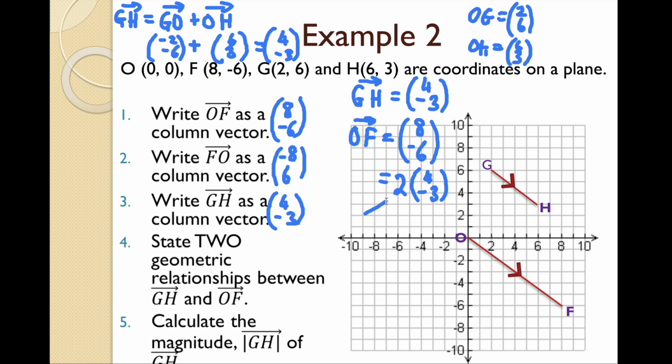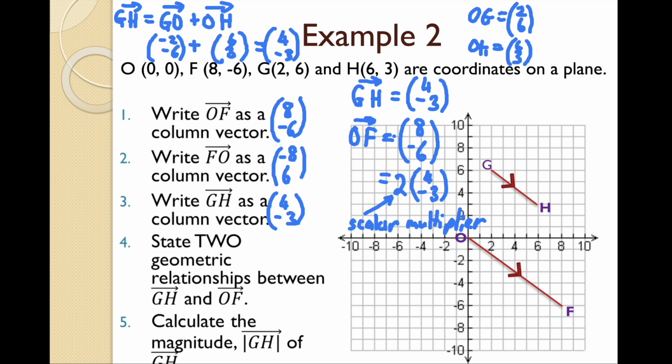What does this 2 represent? This is a scalar multiplier, okay? So in essence, what we're saying is OF and GH are the same thing from this point of view, meaning 4, negative 3, and OF is what? Double that. So it's like 2 times 4 and then 2 times negative 3, as was just said.